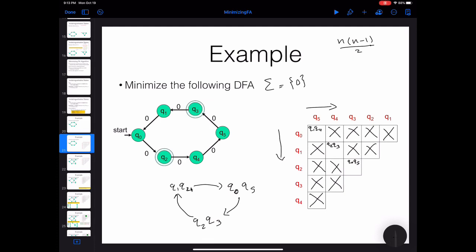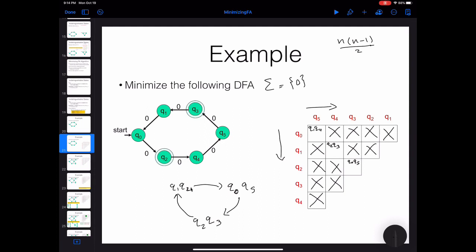Okay, I have created a loop of dependencies, but I don't need to do more investigation. That's enough. All of these potential pairs are going to be equivalent because I have this loop and everything is fine.